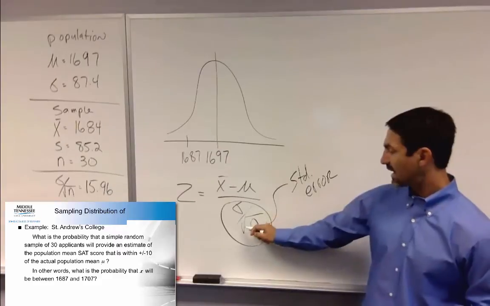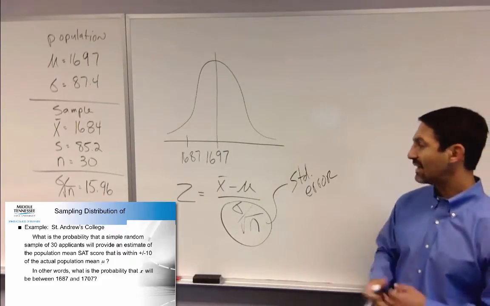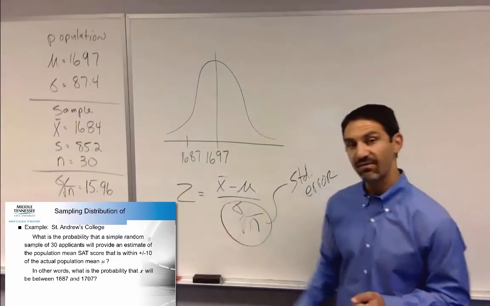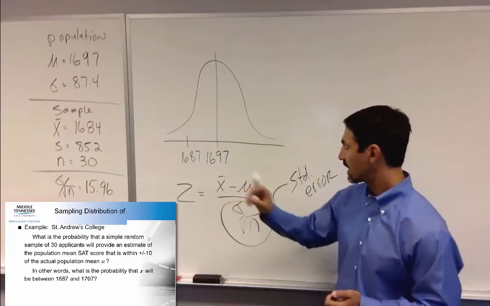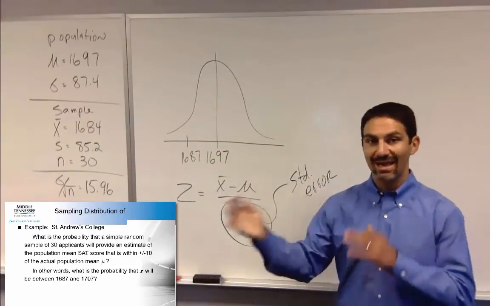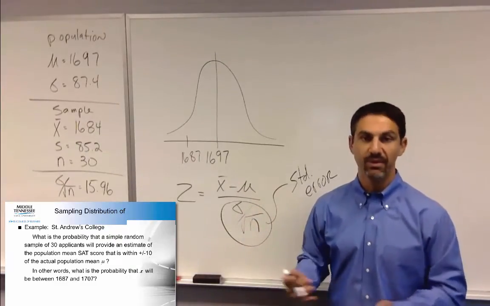And so instead of standard deviation, you're dividing by standard error. And if you know that, then everything else is the same. You still come up with a z-score. You still come up with a probability that corresponds to that z-score. And you still add and subtract it from 0.5 or from 1.0 to come up with your answer.